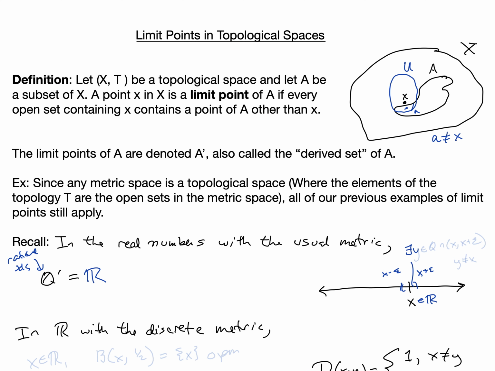There exists some y in the rational numbers and in, say, this interval from x to x + epsilon. So y is not equal to x, and so yes, every real number is a limit point of Q, the set of rational numbers.